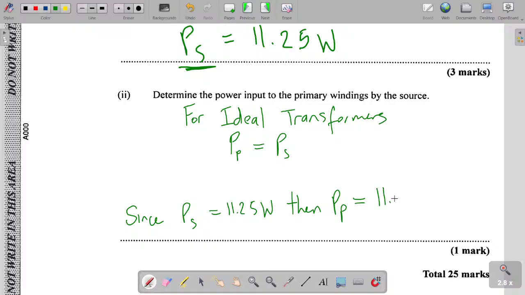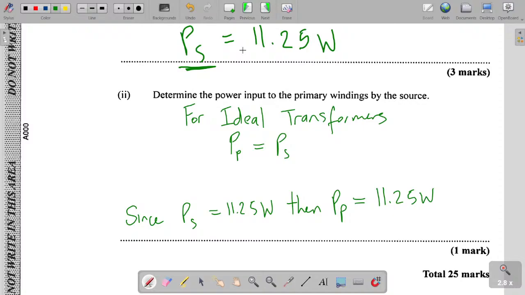So it's 11.25 watts as well. And once you would have been following all of that, then you would have gotten your 2.5 marks for this question.